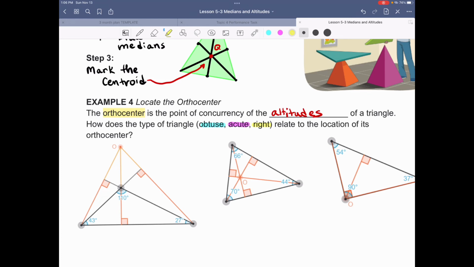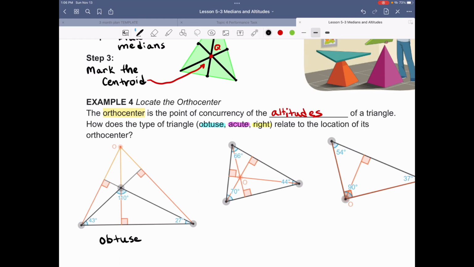All right, so on the first triangle, I want us to have a conversation about this. What would the first triangle be? Would it be obtuse, acute, or right? And then I want you to write your answers. And the second one would be what?